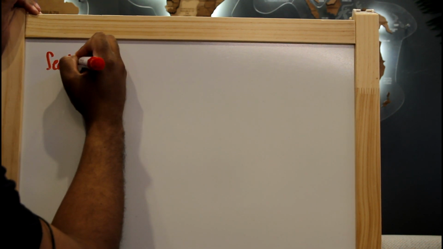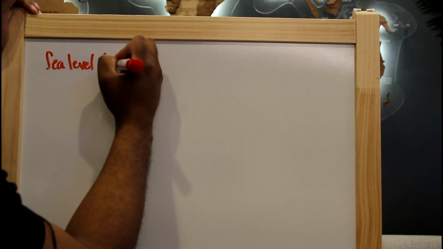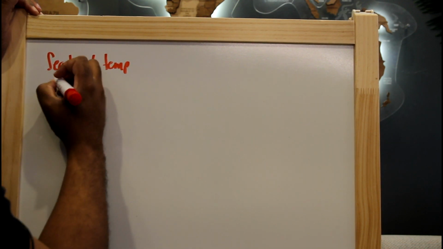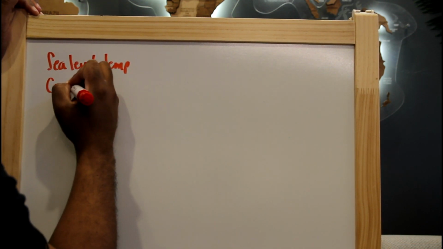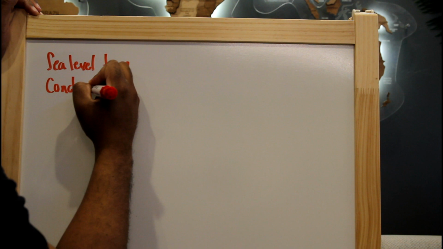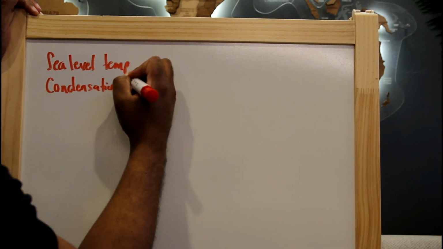Okay, now what I'd like you guys to do is write down the 5 pieces of vital information that you're going to need to complete the calculation. The first is going to be the sea level temperature. The second is going to be the condensation point height.